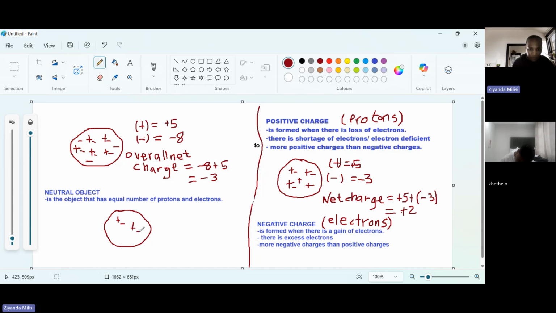Let's look at it, for example, right now. Each positive is paired to a negative. So if you check this object out, how many positives are here? And how many negatives are here?